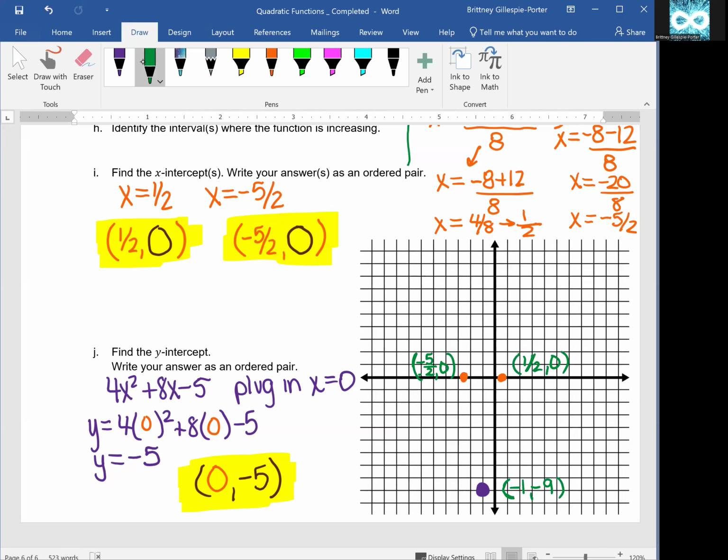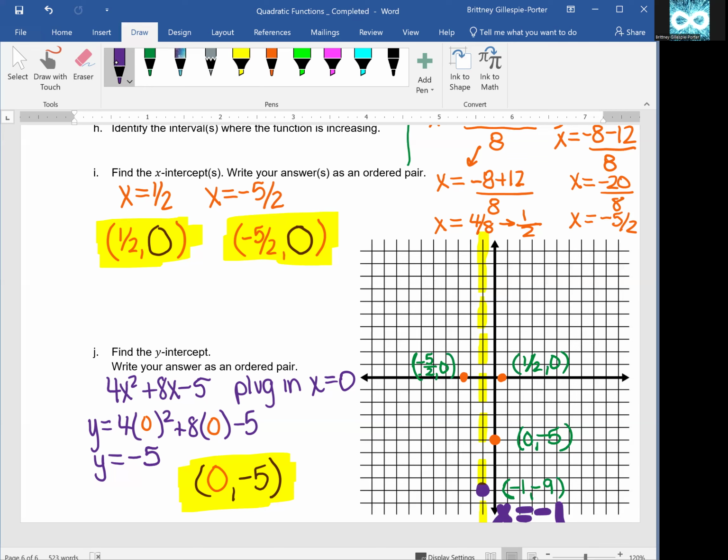All right. We also have our y-intercept, which is at the point 0, -5. 1, 2, 3, 4, 5. Oops, let's switch. There we go. Remember our axis of symmetry cuts all the way through our vertex at x equal to -1. Okay.